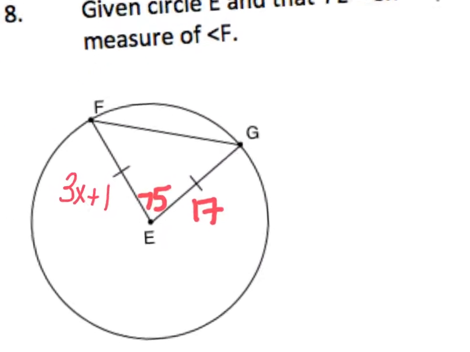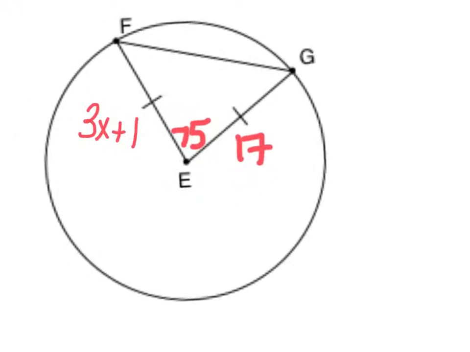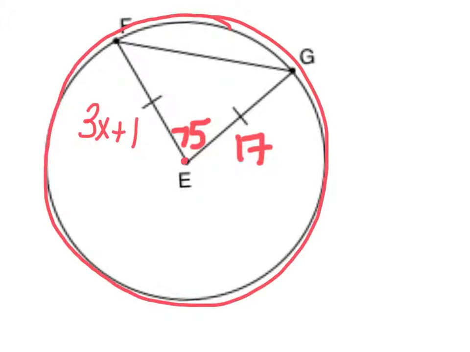So let's talk about angles first, and let's talk about this picture. We've got a circle, and remember in a circle, you've got some segments. You've got a radius that goes from the center to the outside of the circle. You also have a diameter that goes all the way across the circle.